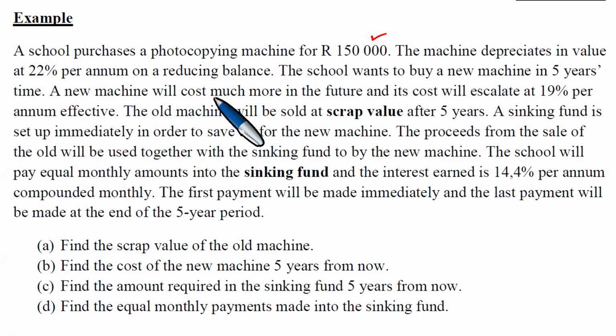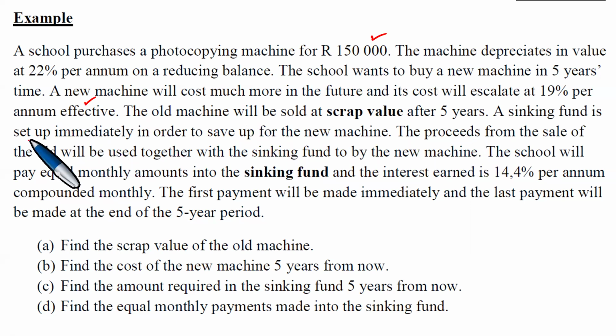A new machine will cost much more in the future, and its cost will escalate at 19% per annum effective. So there are two competing interests: the effective interest and also the nominal interest. The old machine will be sold at a scrap value after exactly 5 years.